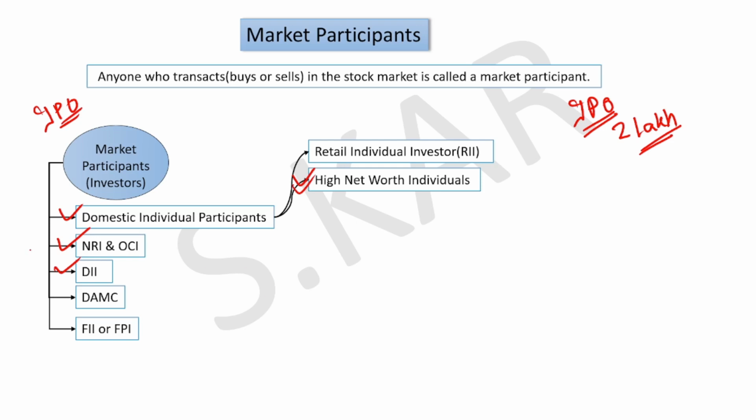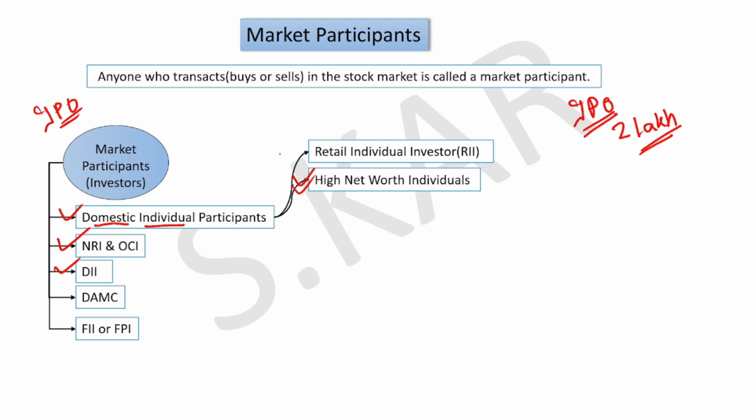So these fall under domestic individual participants. So the name defines itself. Domestic means the people who are Indians and reside in India, and individual means individual people, one person. Okay, you, me, only one. They refer to one person.